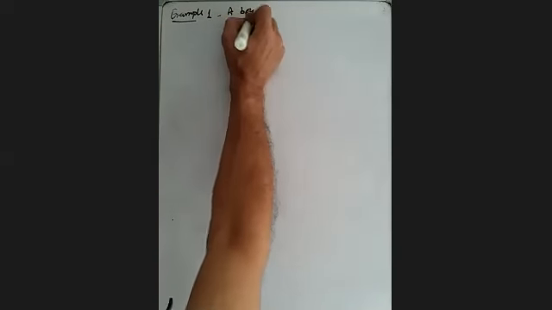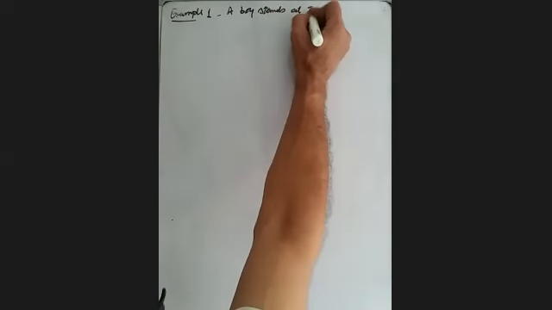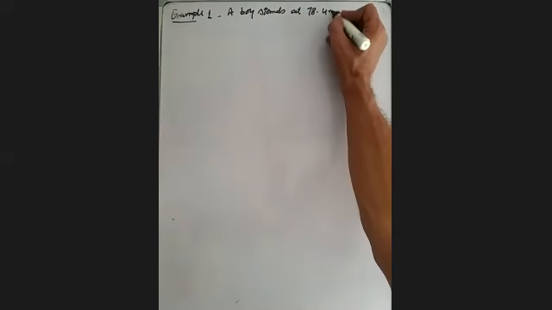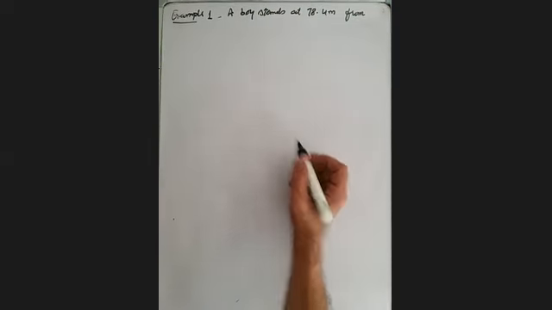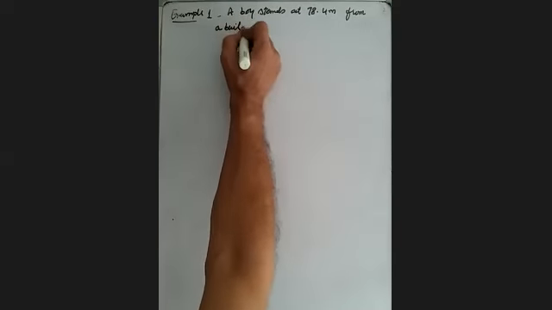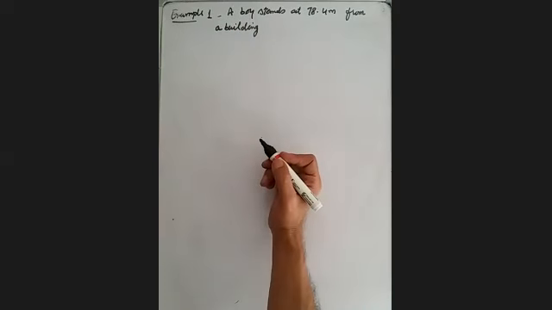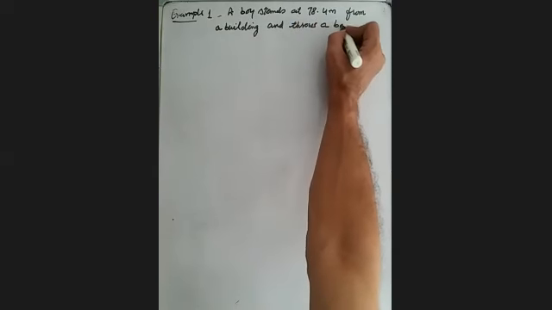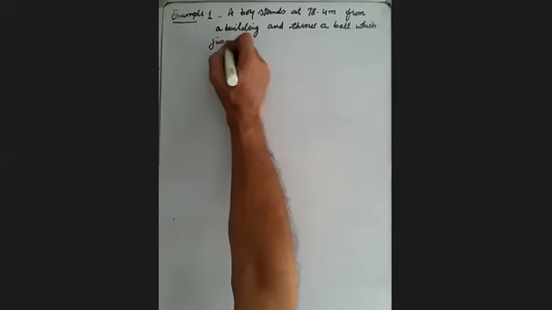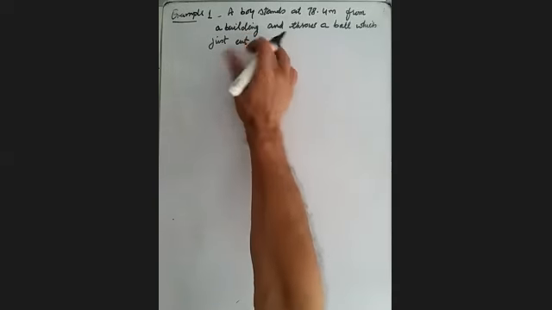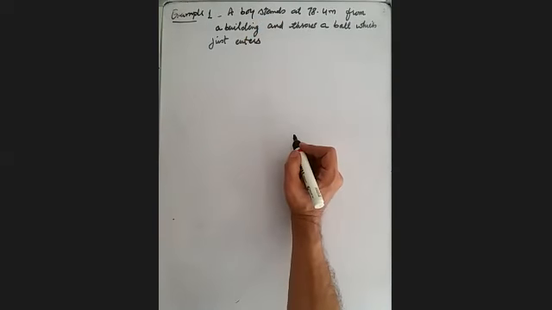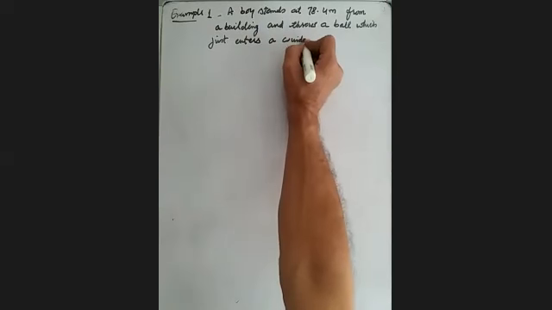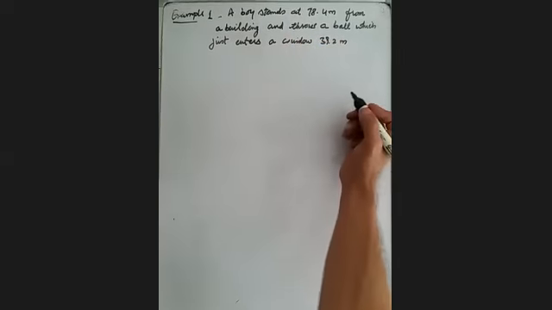And the question is, a boy stands at 78.4 meter from a building and throws a ball which just enters a window 39.2 meter above the ground.